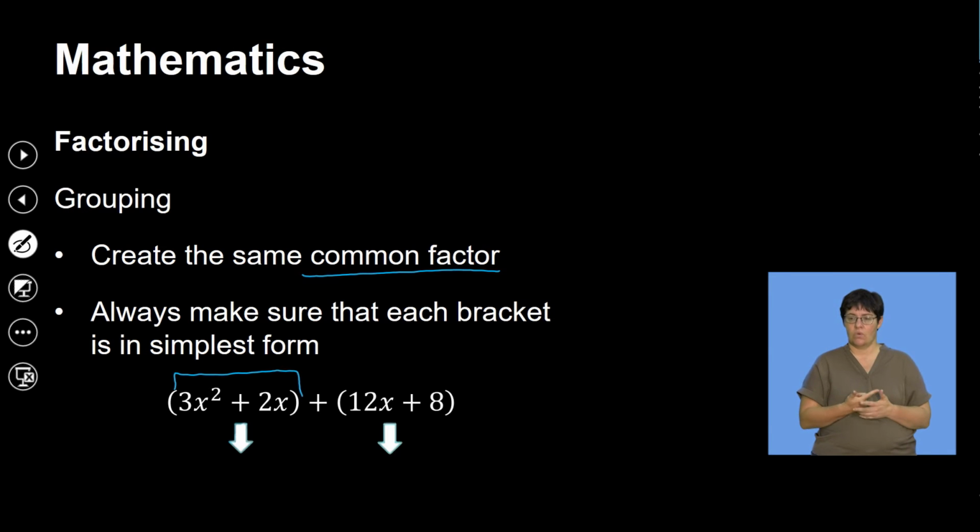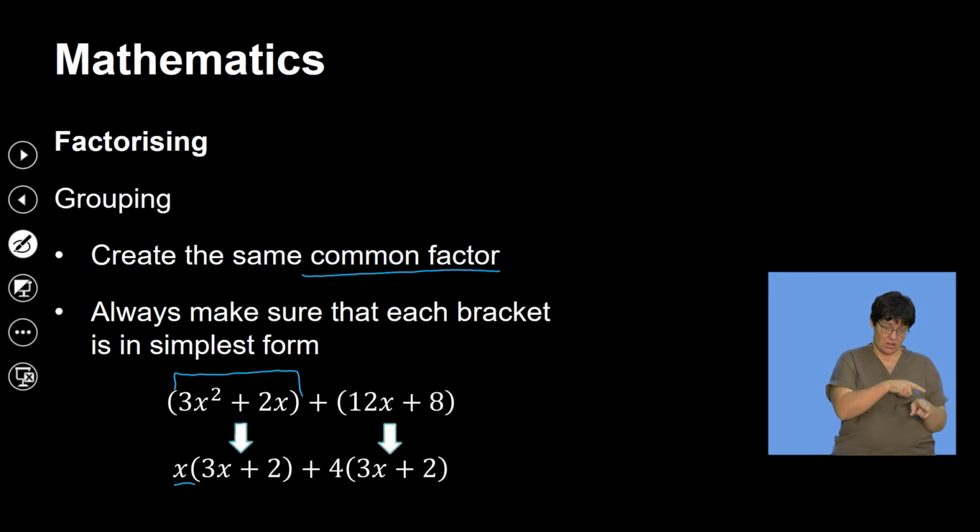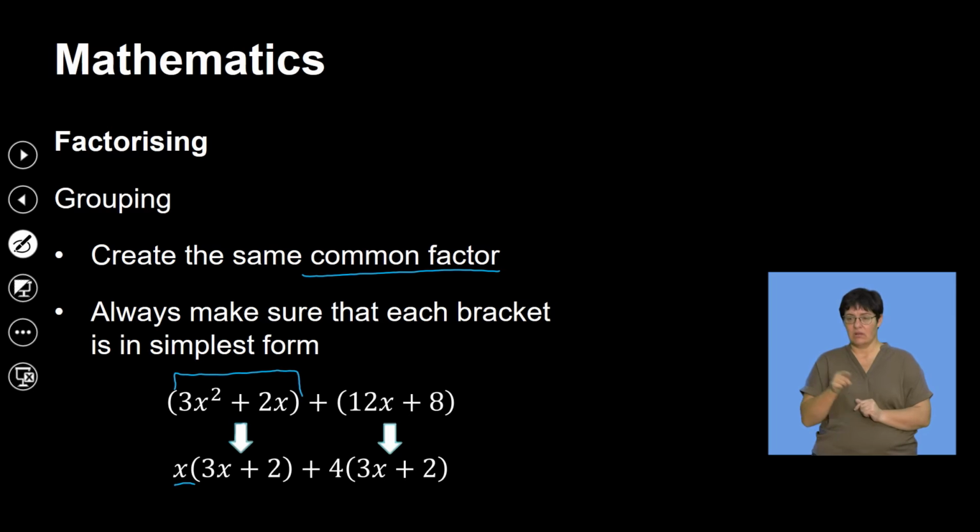So if I take out a common factor for the first binomial, which will be x, I will be left with 3x plus 2. I take out a common factor for the second binomial, which is 4, I will be left with 3x plus 2. Voila, the common factor is there, which is the 3x plus 2.